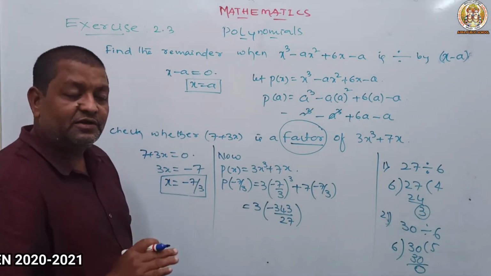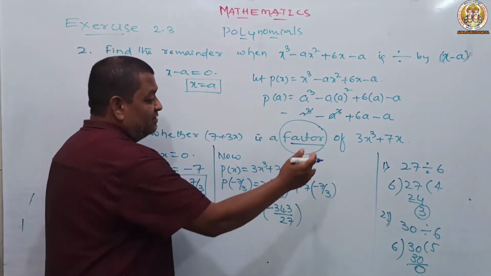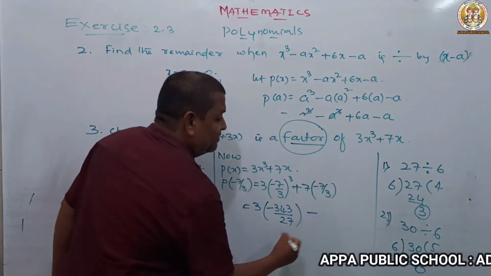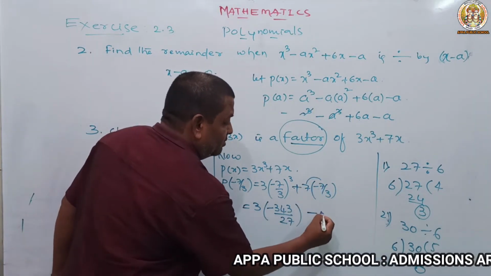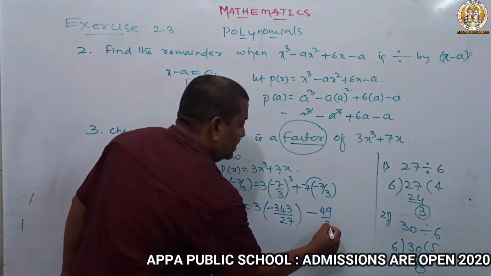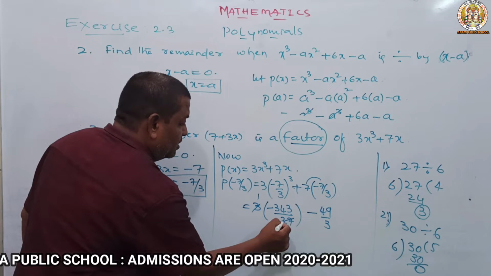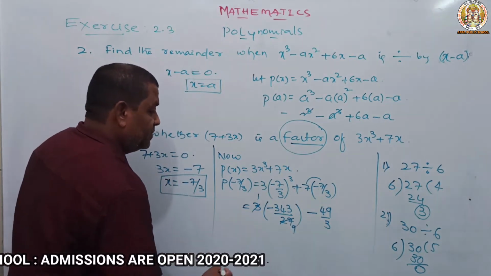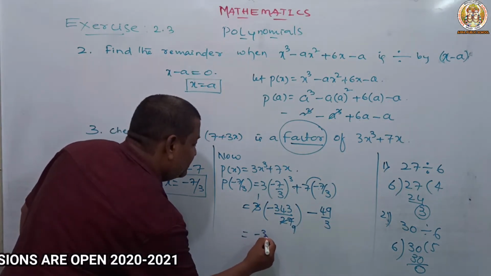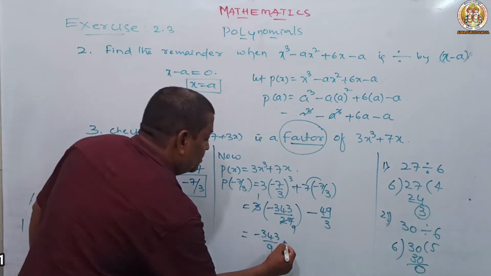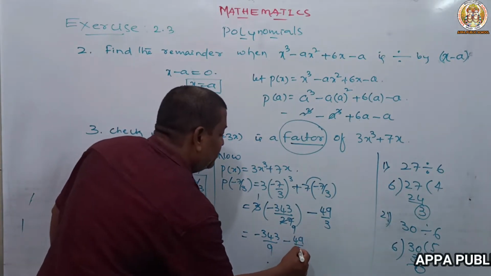Plus into minus, minus 7 times 7 is 49 by 3. Cancellation: 3 ones are 3, 3 nines are 27. What is left? Minus 343 by 9 minus 49 by 3.